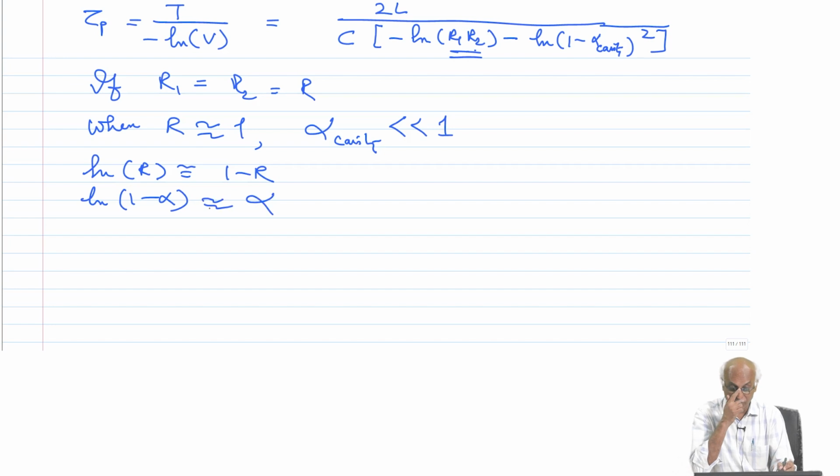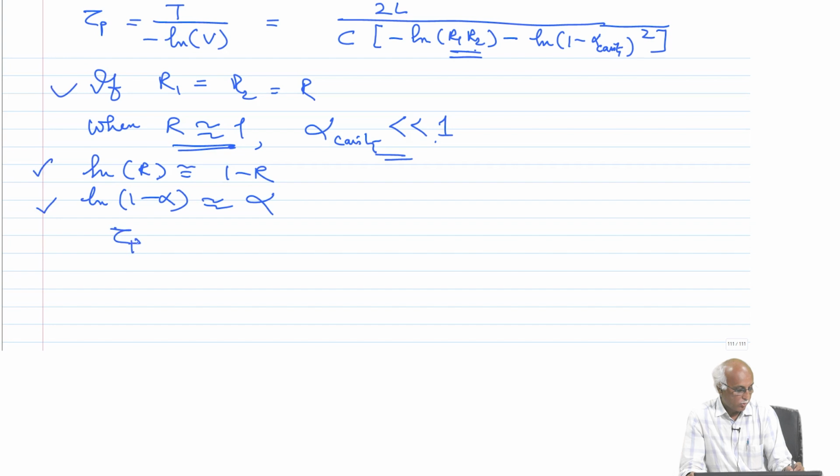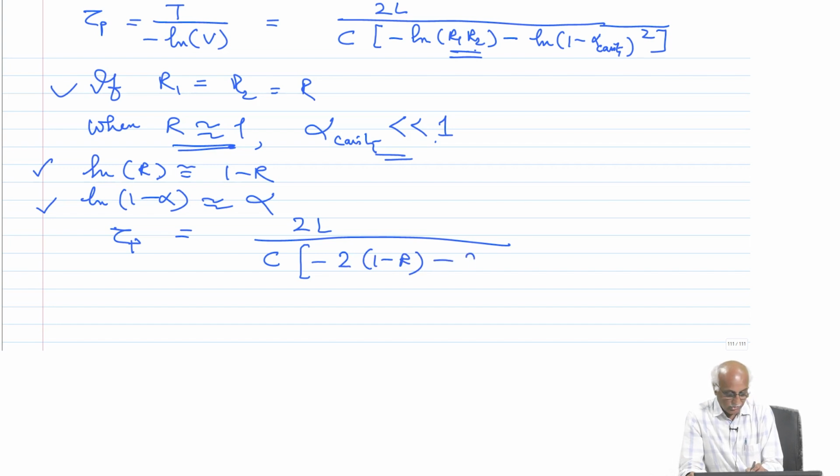You can find this from mathematics. If I make use of this to derive tau p, then tau p will be equal to 2L by C divided by [2 into (1 minus R) plus 2 alpha of the cavity].